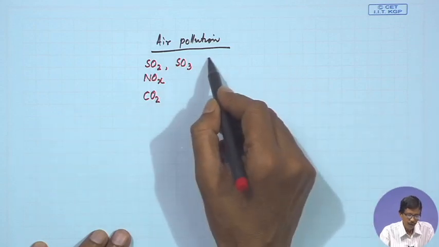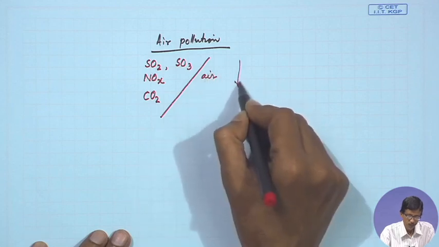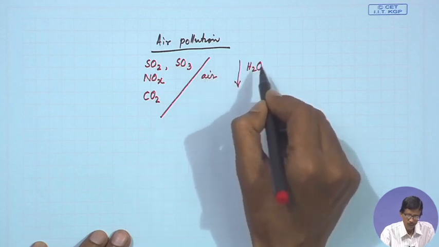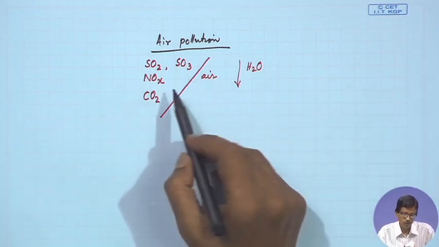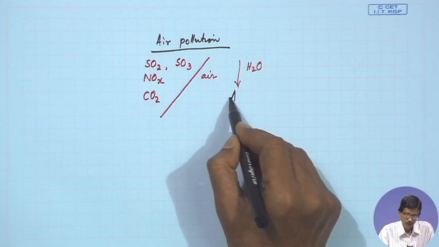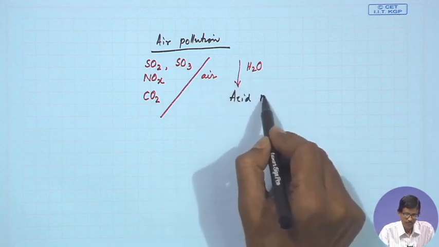If we have all these oxides in air and rainwater comes over them, they will be converted to the corresponding acids. This we all know; when rain comes through acid, we get acid rain.